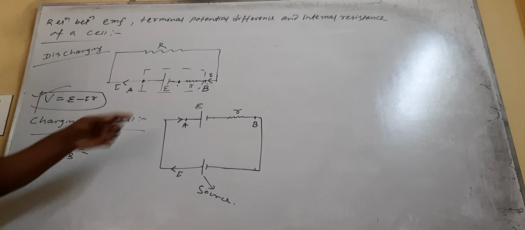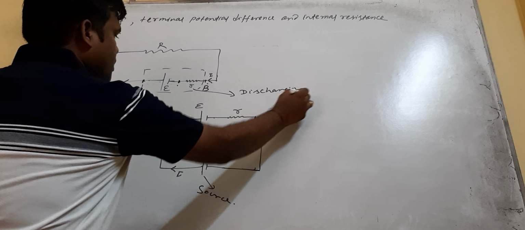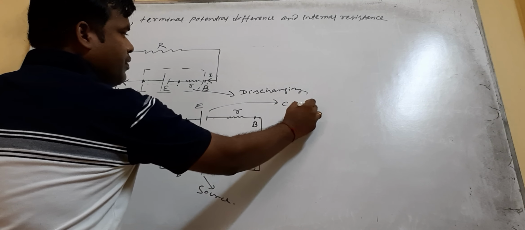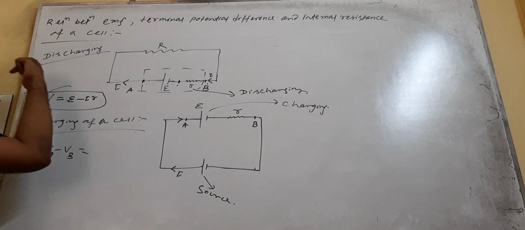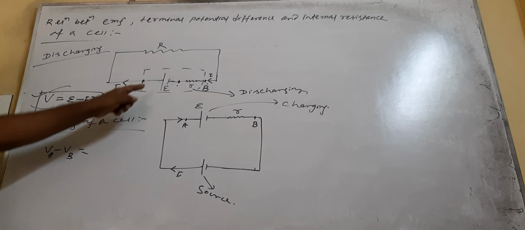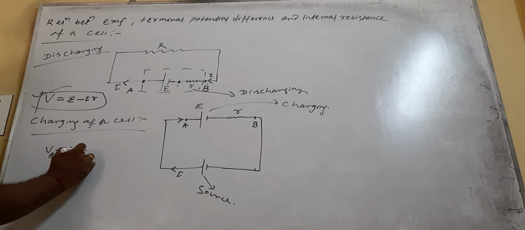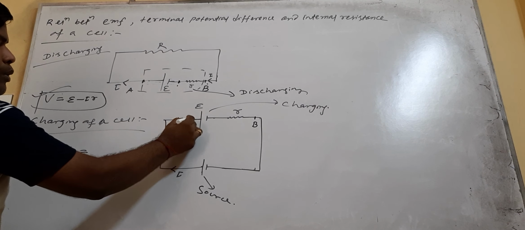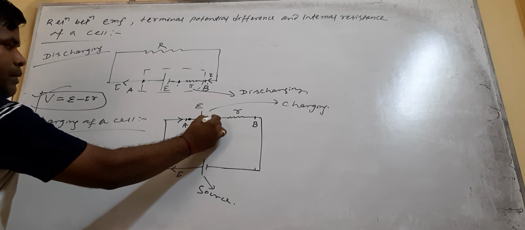So this one is the discharging of the cell, but this one is the charging. In discharging, current is drawn from the positive terminal of the cell. But in charging, current goes into this cell through the positive terminal, just opposite to it. So VA - VB: for EMF, here it is the positive terminal of the cell and this is negative. Positive means higher, negative means lower.